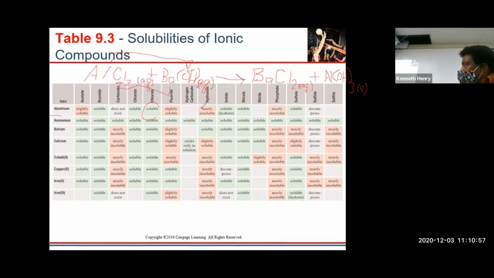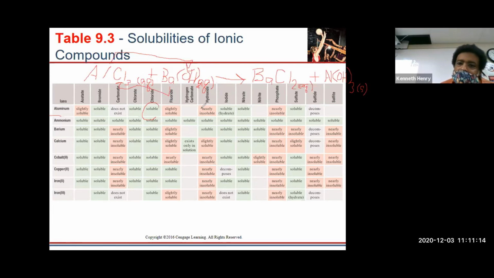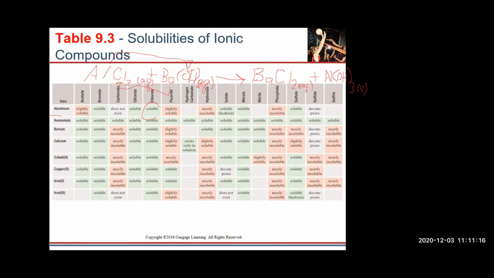Okay, so if I have copper phosphate, is that going to be a solid, liquid, gas, or aqueous? Which copper did you say? Copper II phosphate. It's going to be a solid.